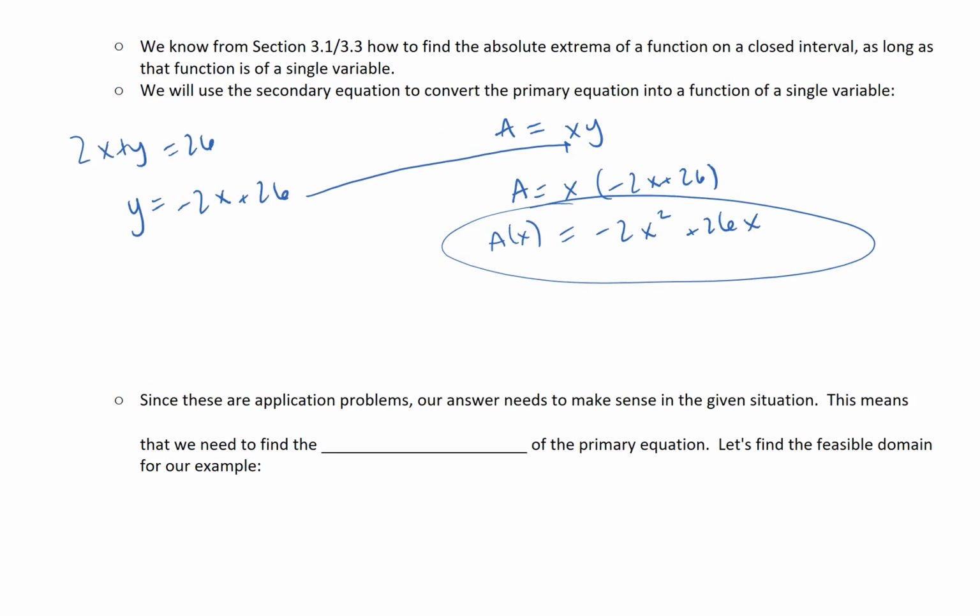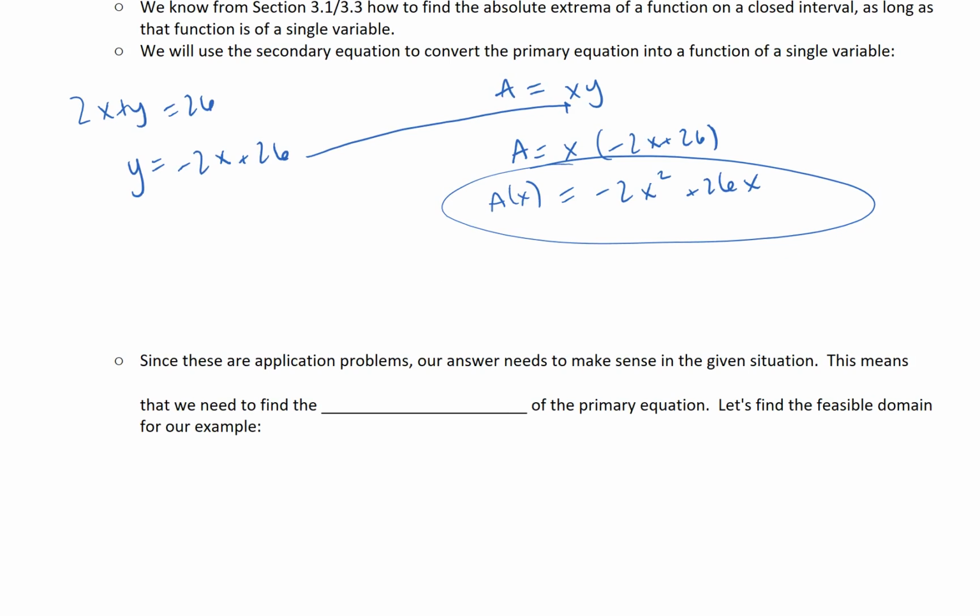Now, since these are application problems, our answers do need to make sense in the given situation. So that means that we need to find what's called the feasible domain of our problem. In this case, our feasible domain says that you can't have negative fencing. So we know that x has to be greater than or equal to 0, and y has to be greater than or equal to 0.